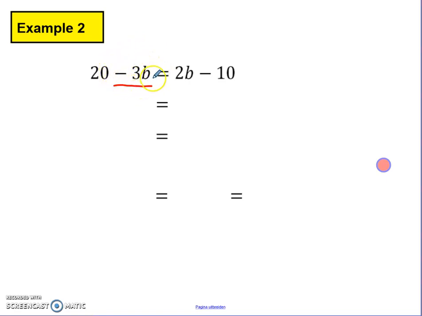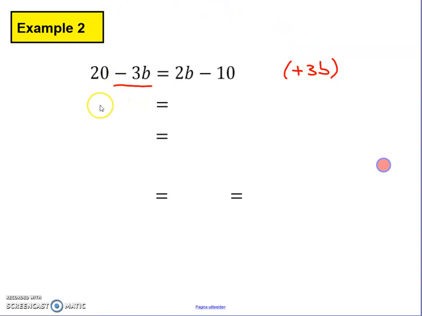What do I need to do to get this removed? Minus 3b, I do the opposite. And the opposite of minus 3b is plus 3b. So who needs to go? Minus 3b. What do I need to do? Plus 3b. And then, only then, you're going to do this.